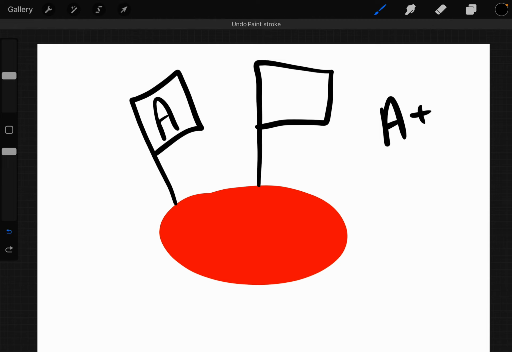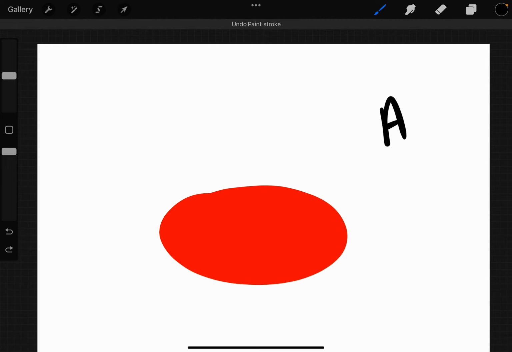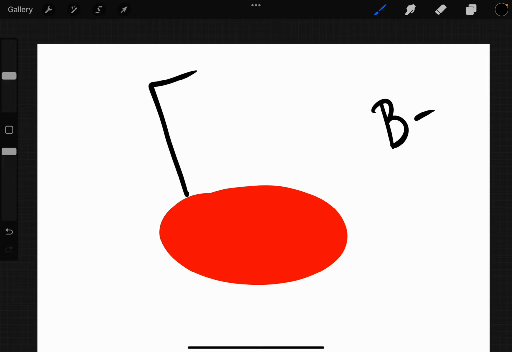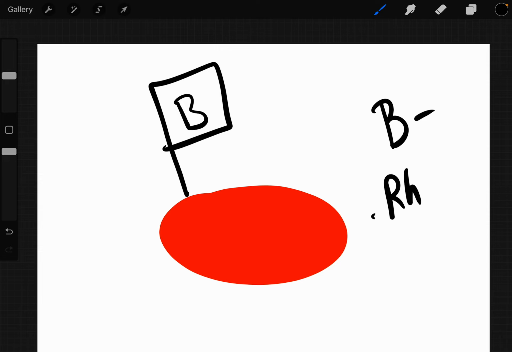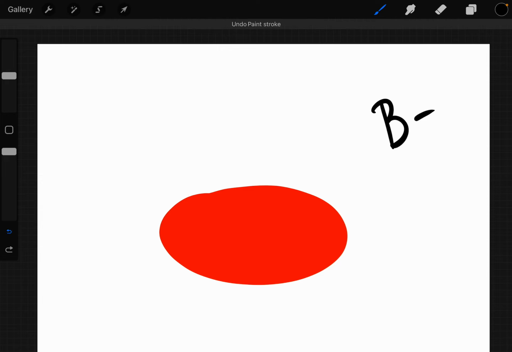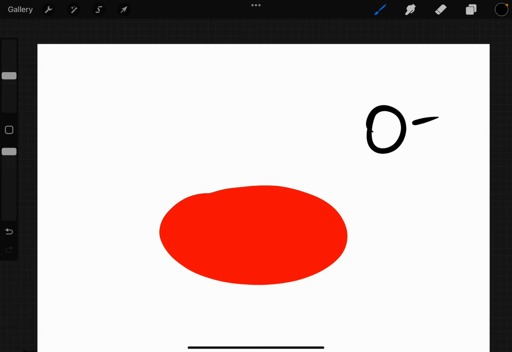Now, if we were to put different flags, let's say we wanted to do B negative. We would put a B flag, but we would not put an RH flag, so no RH. If we were to do something like O negative, there would be no flags.